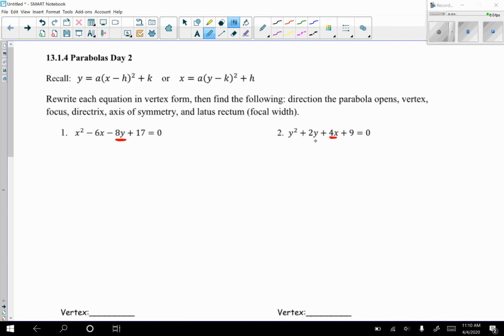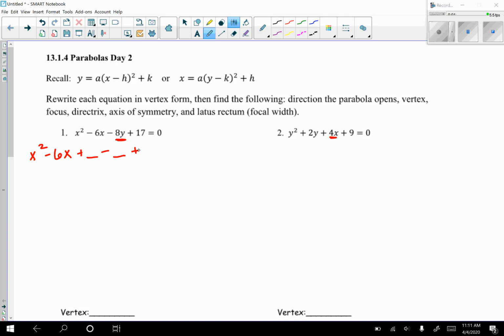So that means I want to get everything that is a y variable to the other side and keep everything else on the other side. So we're going to go ahead and rewrite this. So we have x squared minus 6x, and then I'm going to write plus blank minus blank because that's going to be my completing square portion.